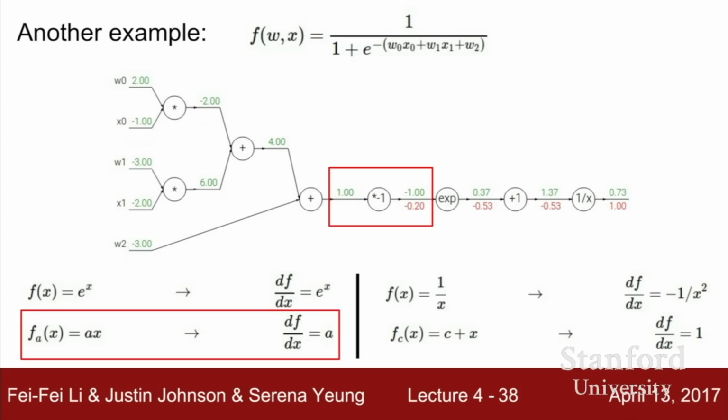It's going to be minus 1, exactly, because our local gradient says df over dx is a, and the value of a that we scaled x by is negative 1 here. So the gradient is negative 1 times negative 0.2, and so our gradient is 0.2.